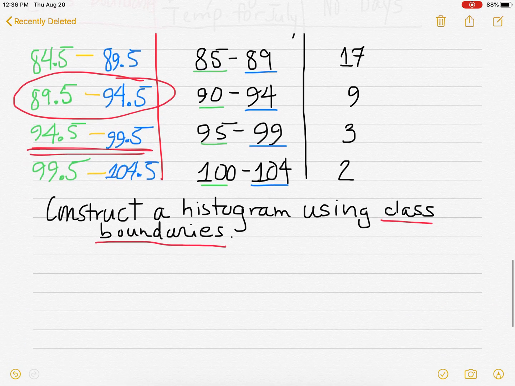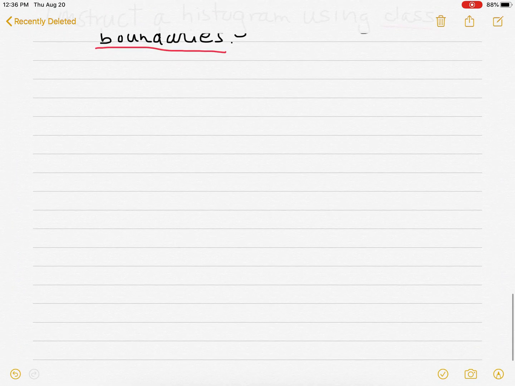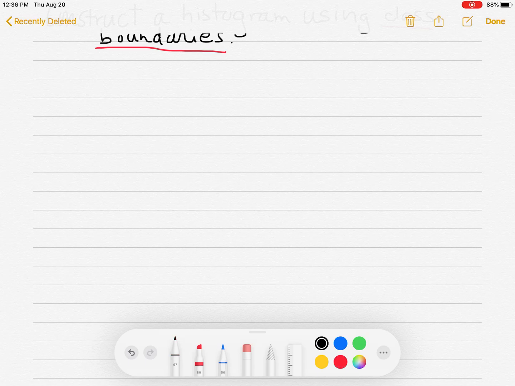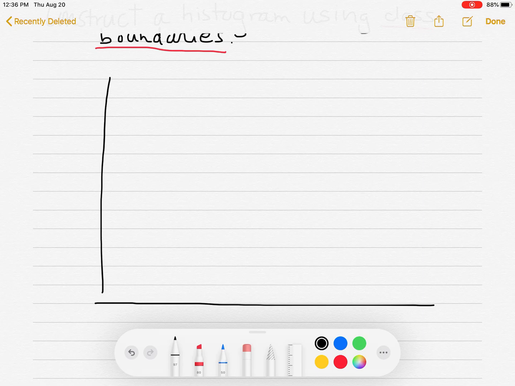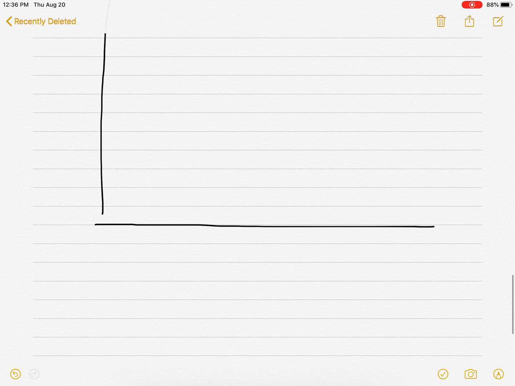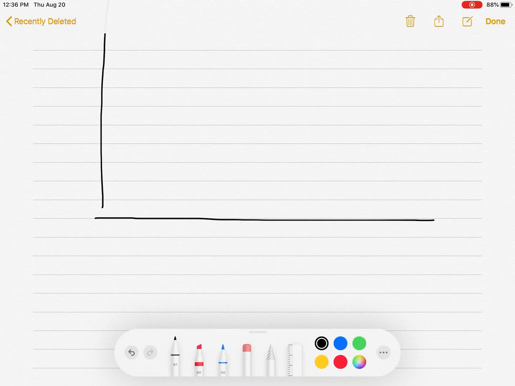So let's do a histogram. So we got to do a horizontal axis. Have to do a vertical axis. And the horizontal axis is going to be daily high temperatures for July.